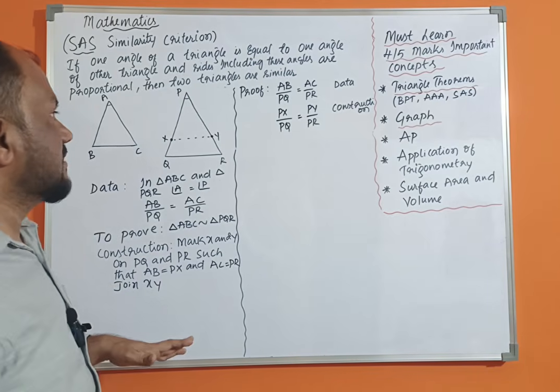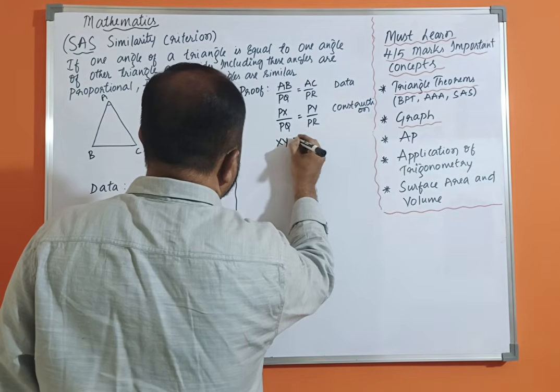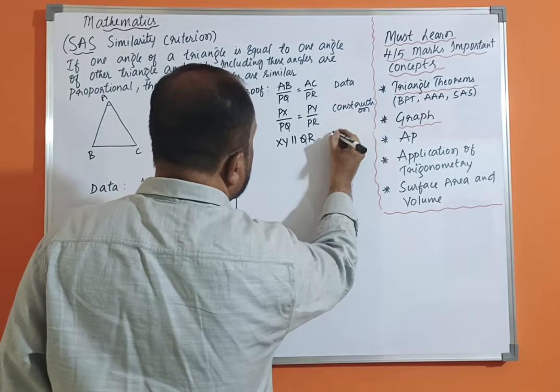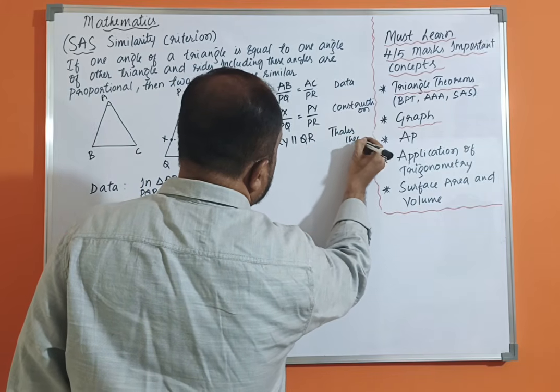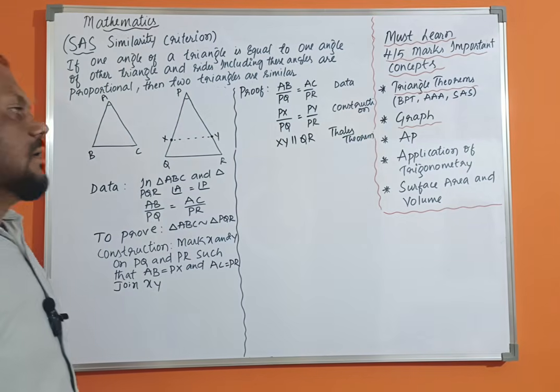So by using Thales theorem, you can write XY parallel to QR. Reason: Thales theorem, or you can also write basic proportionality theorem.